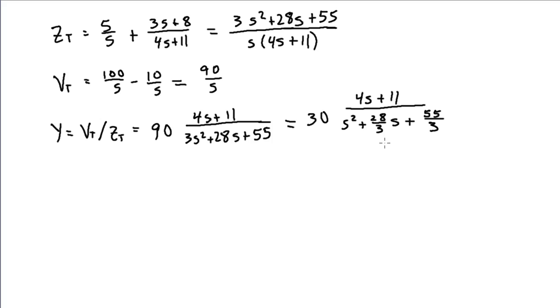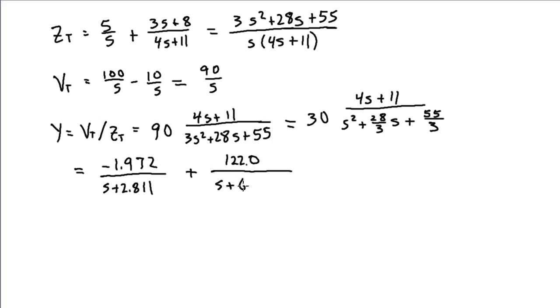It actually has two real roots, 2.811 and 6.523. The partial fraction expansion actually becomes minus 1.972 over s plus 2.811, and then plus 122.0 over s plus 6.523.